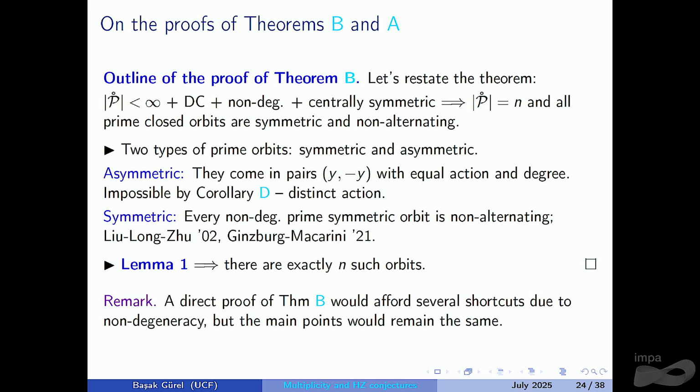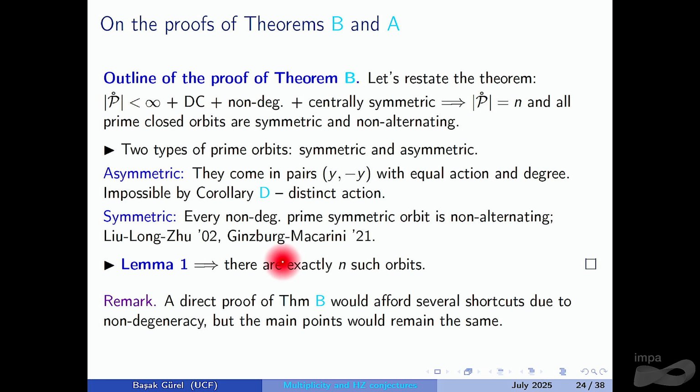Now about theorem B, with this in mind, let me add the centrally symmetric condition into the picture. In the centrally symmetric case, we have two kinds of orbits, the symmetric ones and the asymmetric ones. Asymmetric ones come in pairs. Symmetric ones are the ones that are invariant under the antipodal involution.